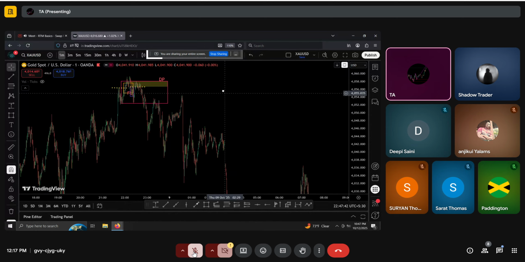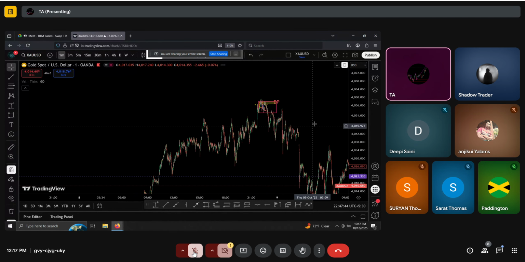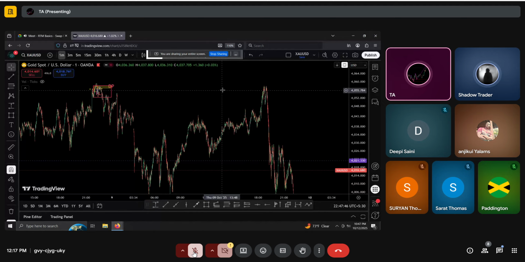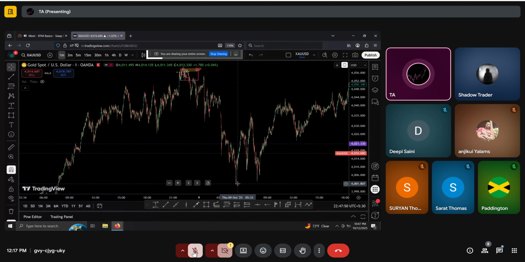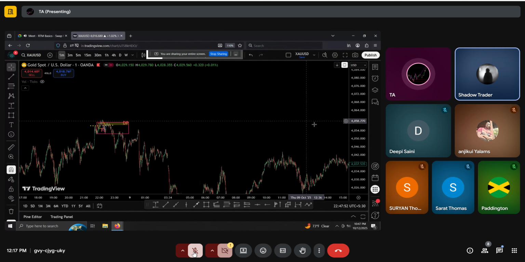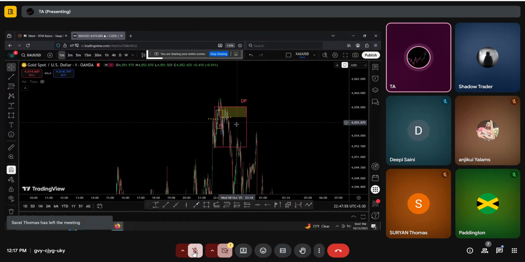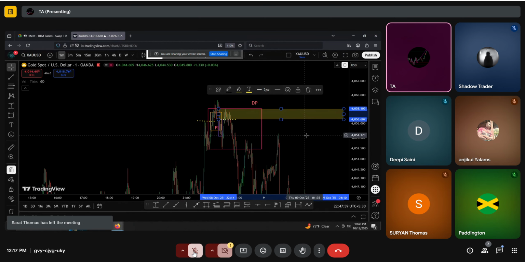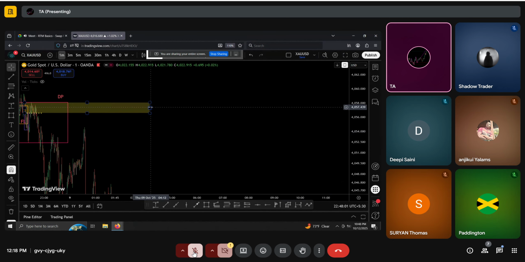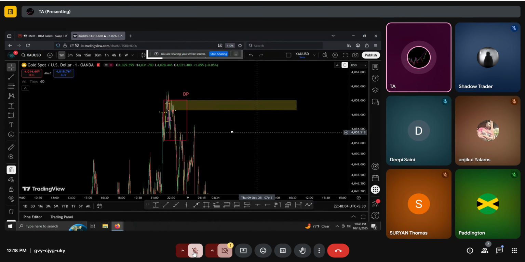They bought here, but where is the price? Price fell here, right? So they were in pain. So what will happen when the price reaches this zone again? What will they do? They will try to get out of the position.